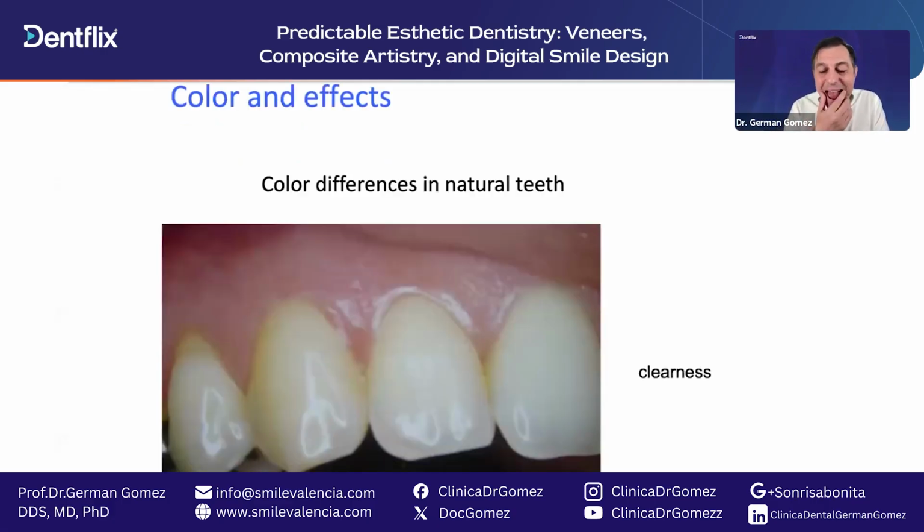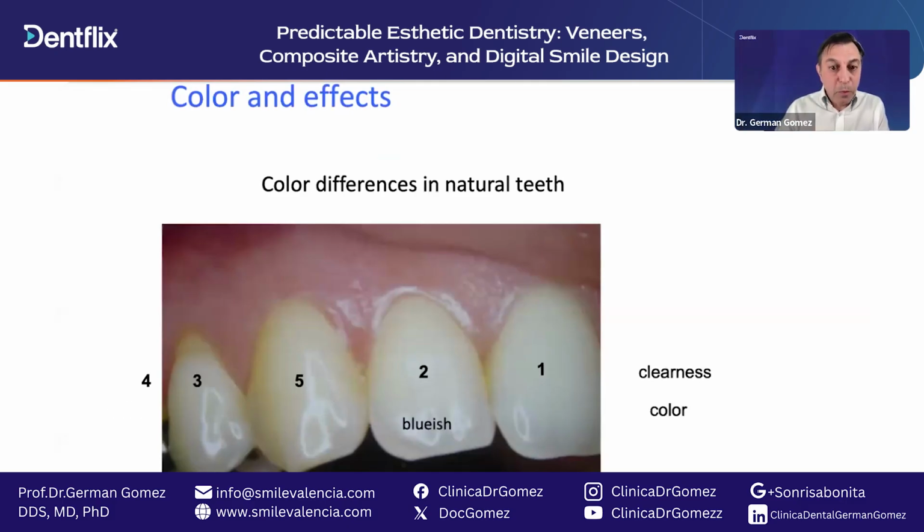Okay, so we have different colors in our teeth. Indeed, we have different colors. So our teeth are not exactly the same. Also the veneers should not be in the same color or tone, okay? We have the clearest in the upper jaw is the central incisor, the second clearest, the lateral incisor, the third clearest would be the premolar, and the darkest would be the canine, okay?